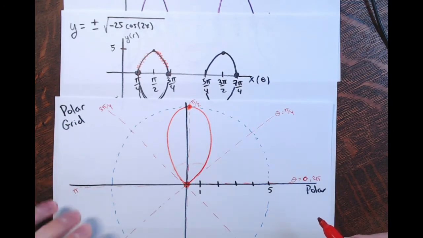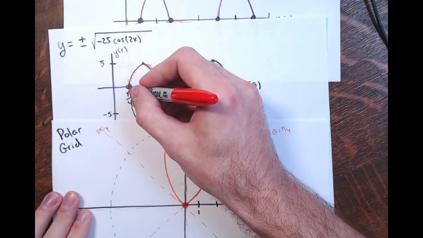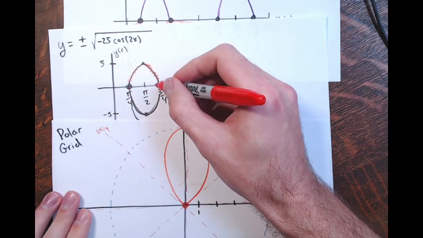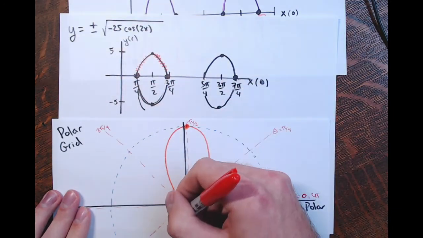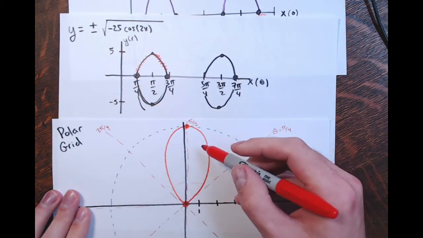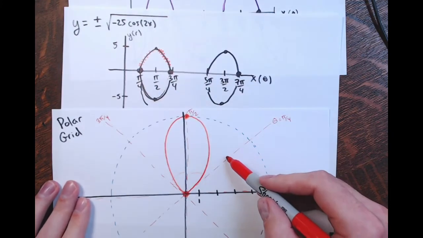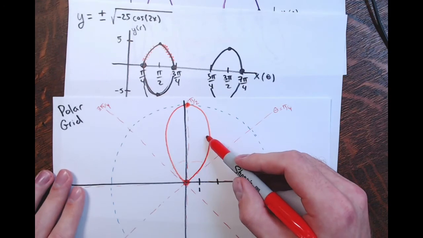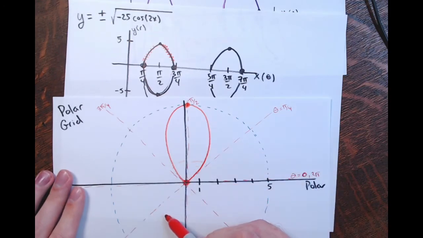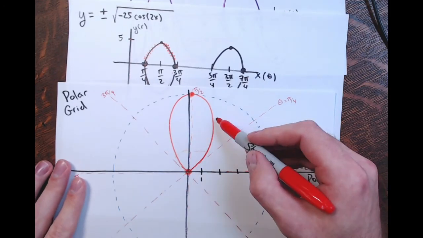Now you could get the other half of the figure 8 if you do the bottom half of the graph, the negative square root. You'd get the other half of the figure 8 down here. Because between pi over 4 and pi over 2, if you have negative values of r, you're not going to be in quadrant 1, you're going to be graphing down here in quadrant 3 on the opposite side, right?